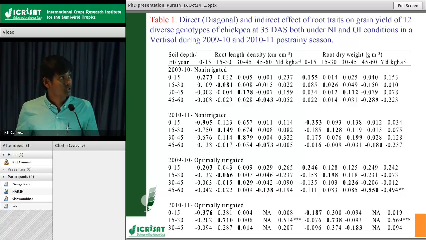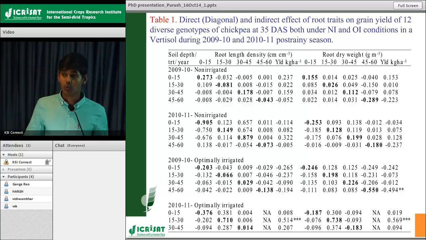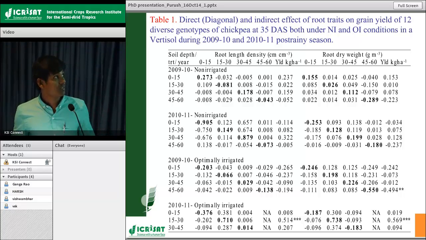Till now we have seen the pattern of shoot growth, root growth and soil moisture utilization across the 12 genotypes in both the irrigated and non-irrigated conditions, and these slides represent the dissection of the contribution of root traits to yield.